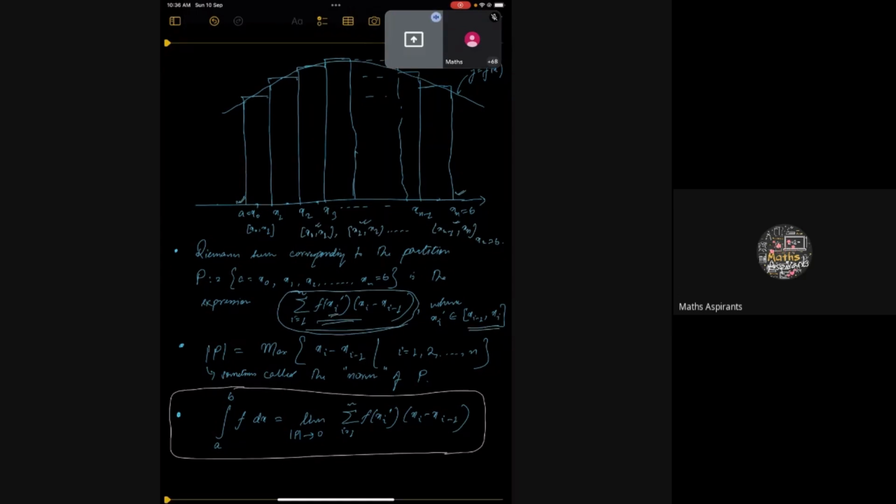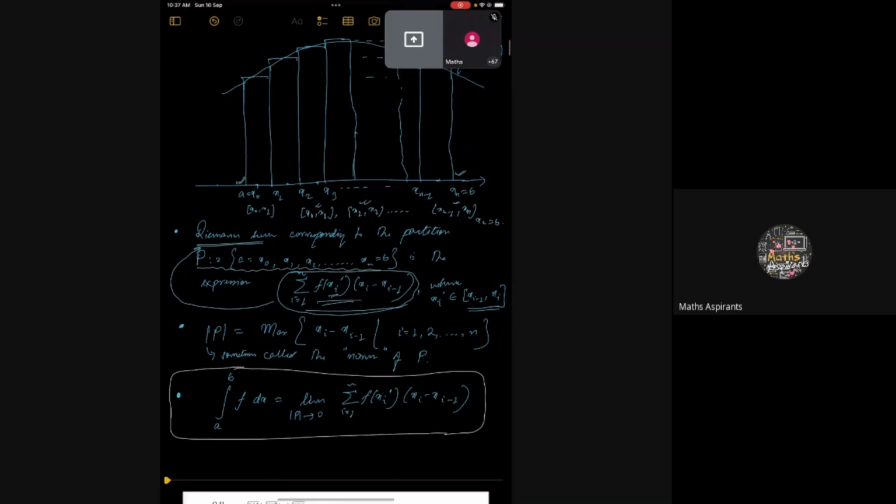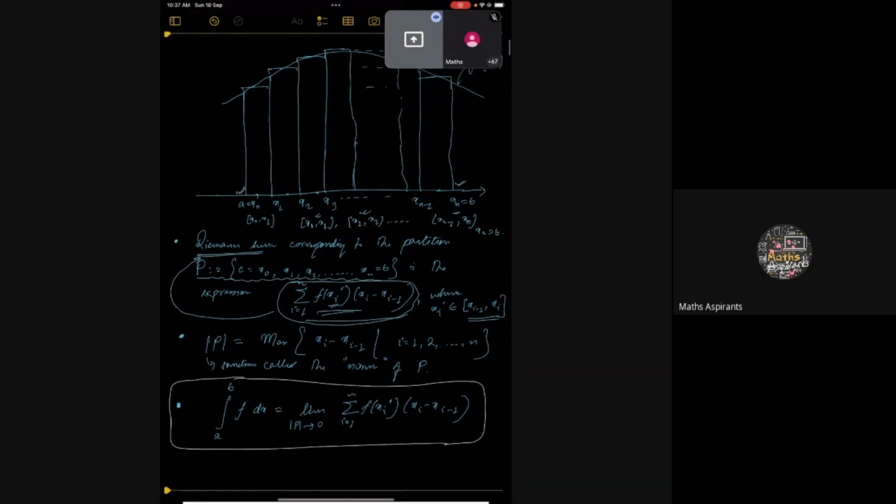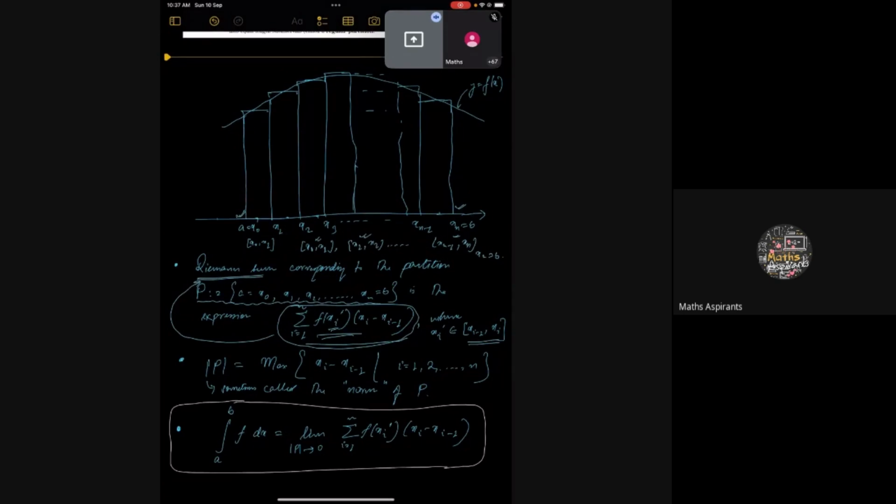When we take the sum, that is called the Riemann sum, and it corresponds to the partition P that we have chosen. Geometrically, the meaning of the Riemann sum is nothing but the sum of the areas of the rectangles corresponding to a partition. That is our Riemann sum.